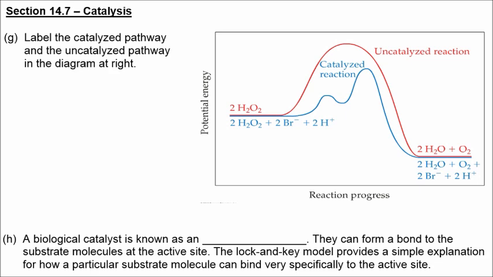So the faster pathway is the one that involves a lower activation energy. Another example of a catalyst comes from biology. A biological catalyst is known as an enzyme. And so an enzyme can stabilize the formation of some sort of transition state. They can bond to the substrate, and that can provide a lower energy pathway and a faster reaction.